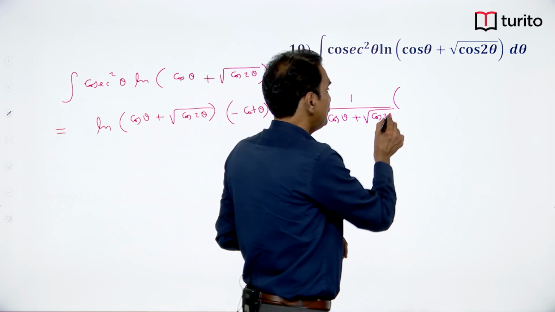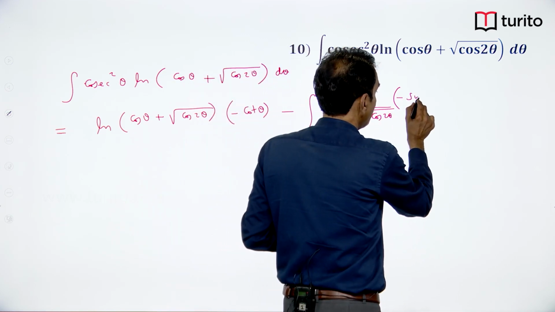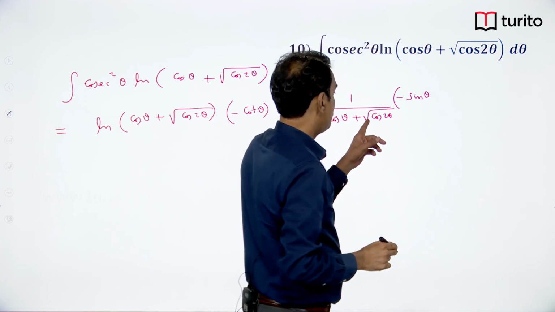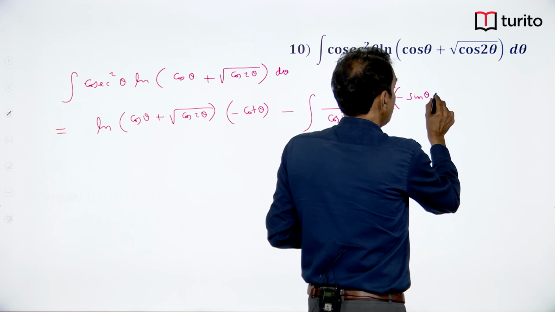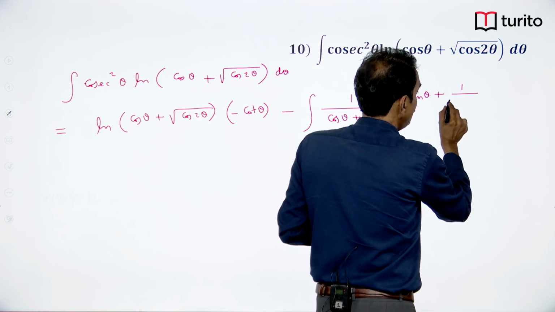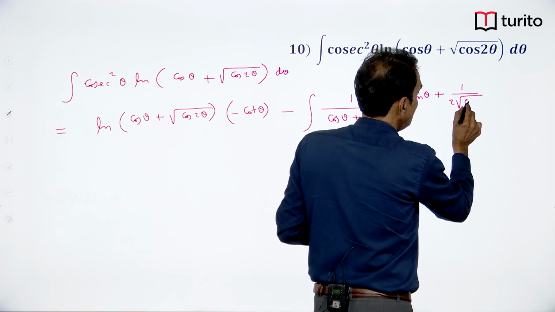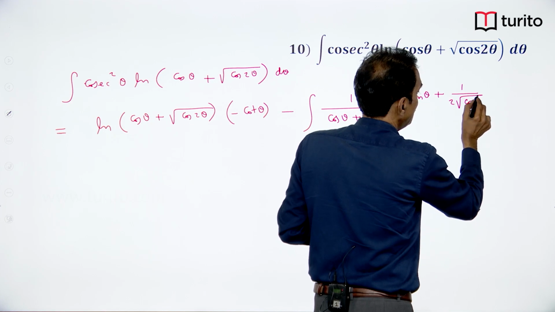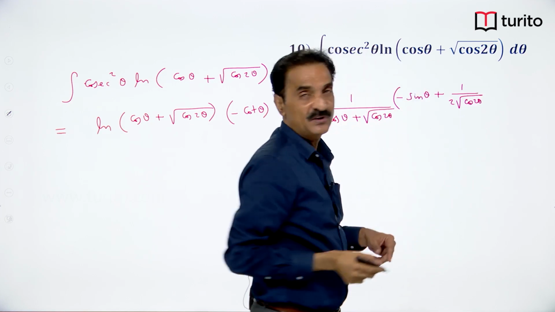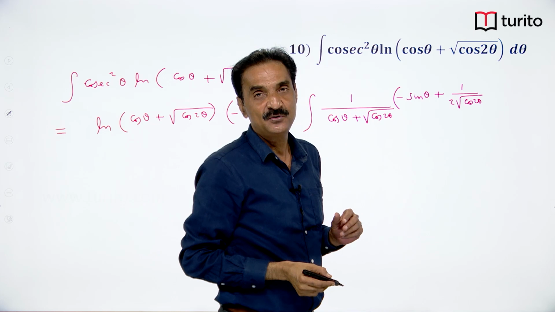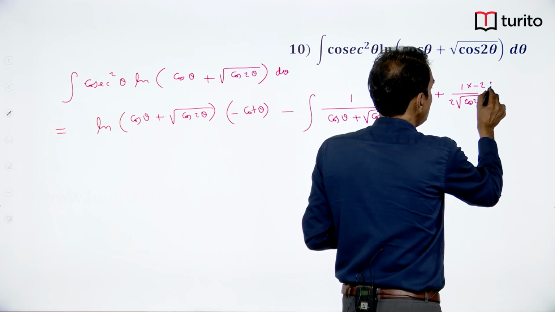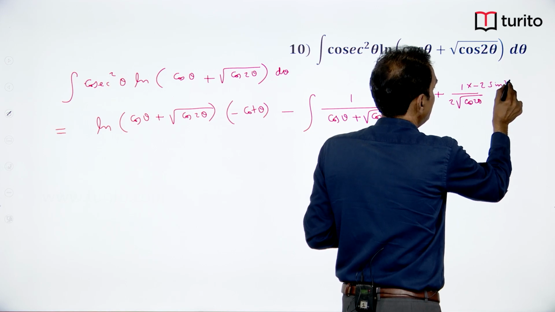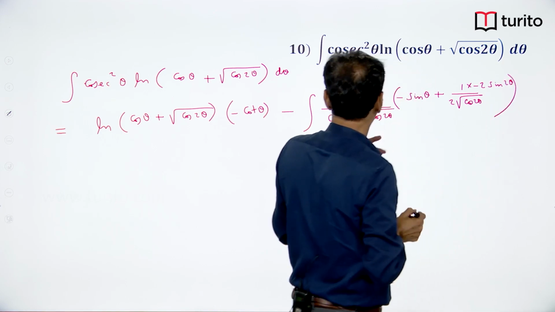Minus sin theta plus derivative of root cos 2 theta is 1 by 2 root cos 2 theta into derivative of cos 2 theta, which is minus 2 sin 2 theta.